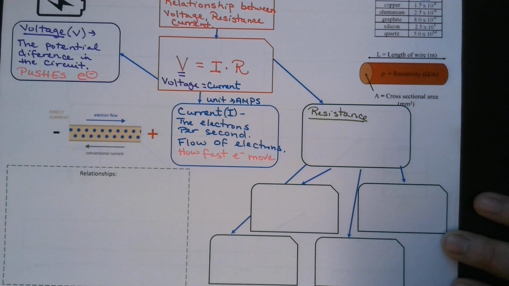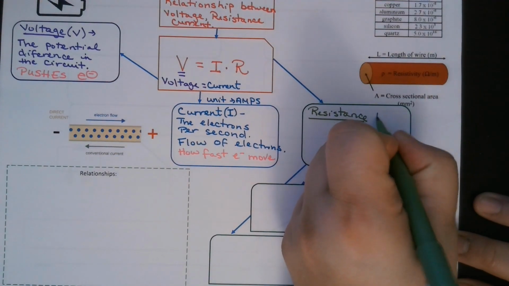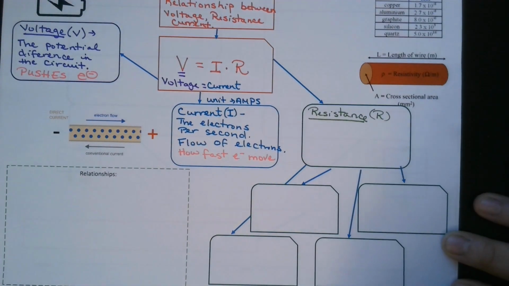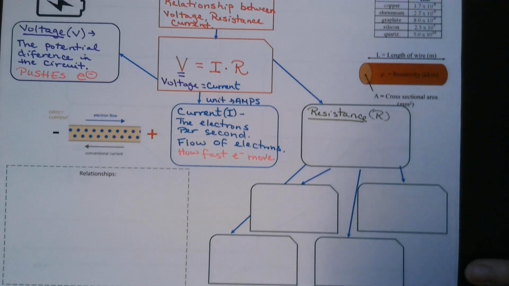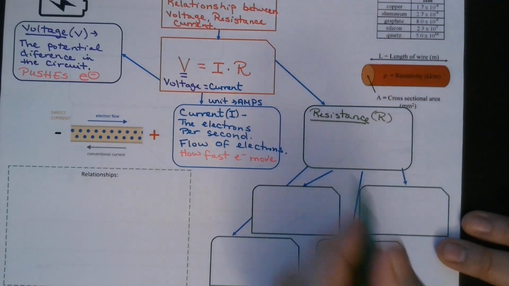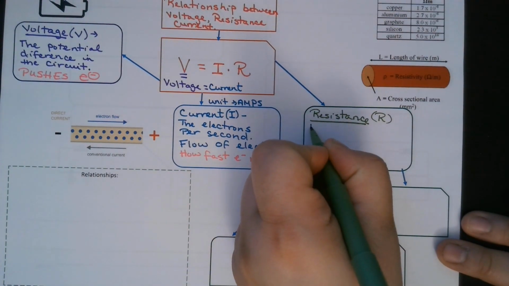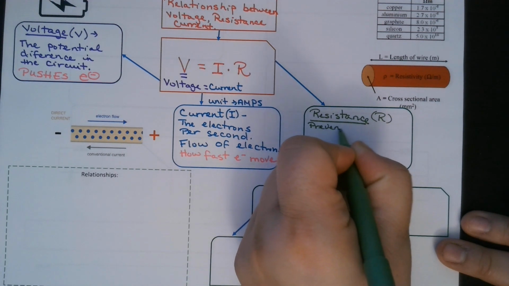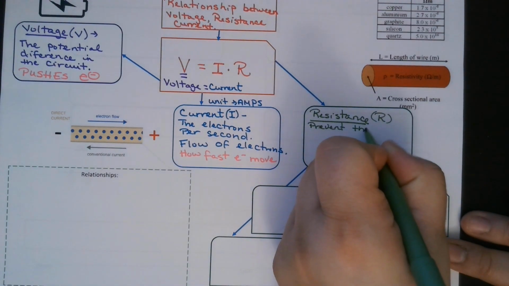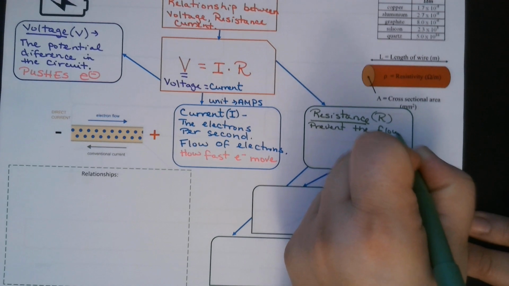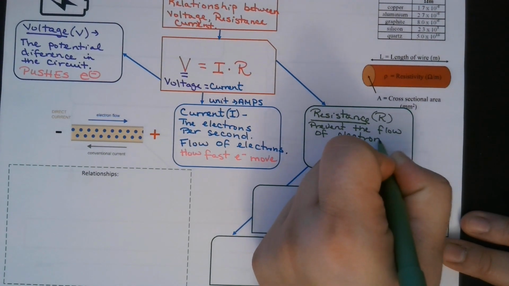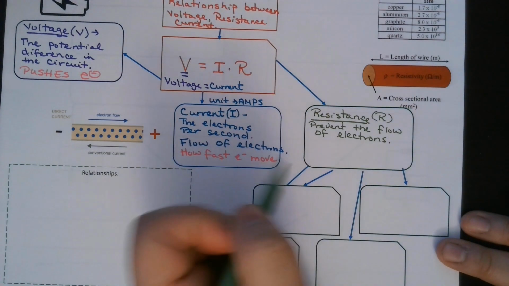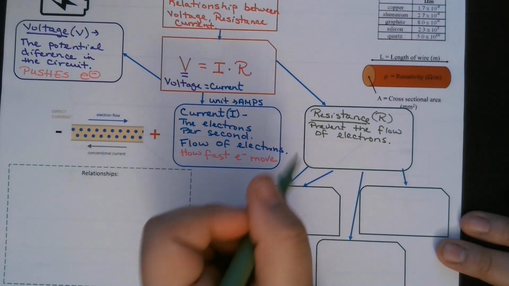So why did that light bulb light? That light bulb actually has some resistance. The resistance resists the flow of electrons. That's all they do. They prevent the flow of electrons. And sometimes they allow electrons too, depending on the resistivity.